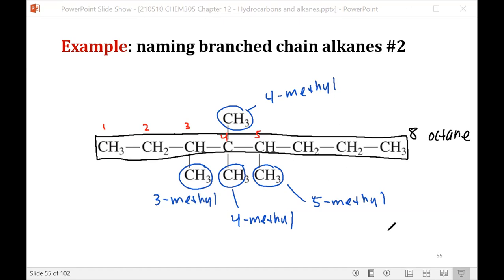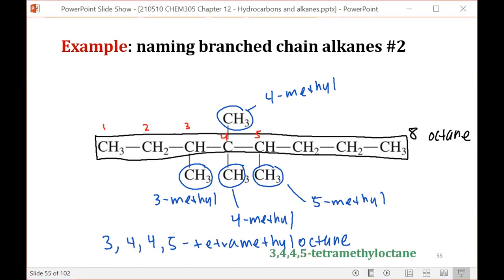They're all methyls, so I can group them together and make that tetramethyl. And then I can put their numbers together in front of the tetramethyl. So it will be 3, 4, 4, 5 tetramethyl octane. Good, we got that one correct the first try.